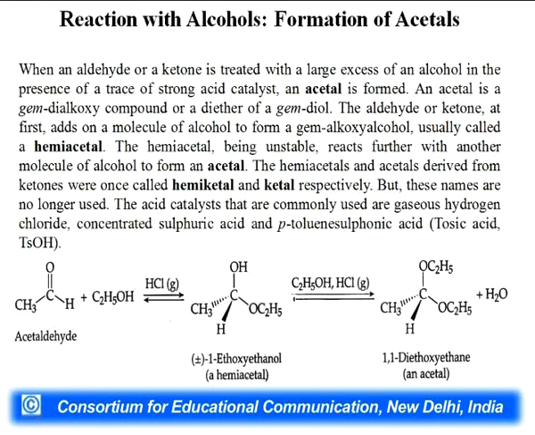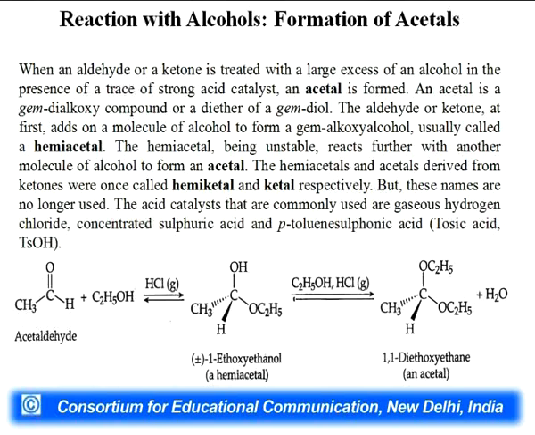So, the aldehydes or ketones at first add a molecule of alcohol to form a gem-alkoxy alcohol, usually known as hemiacetal, because only one group is attached to it. Then this hemiacetal, being unstable, reacts further with another molecule of alcohol to form an acetal.